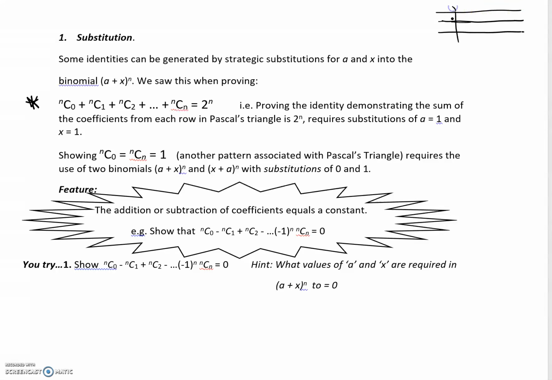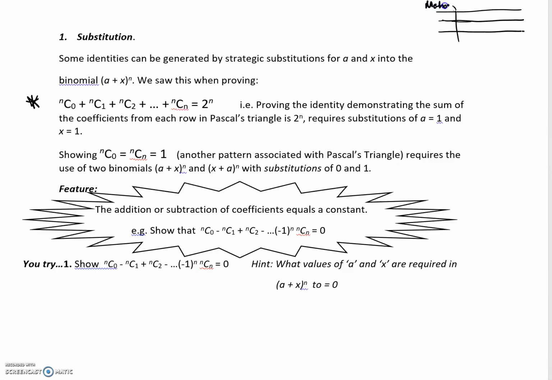Your column headings are going to be method and example. So this is one whole sheet of paper. And your second row is going to be substitution.